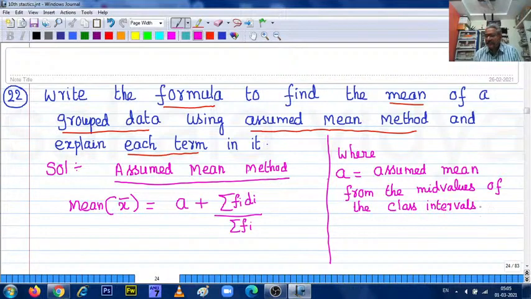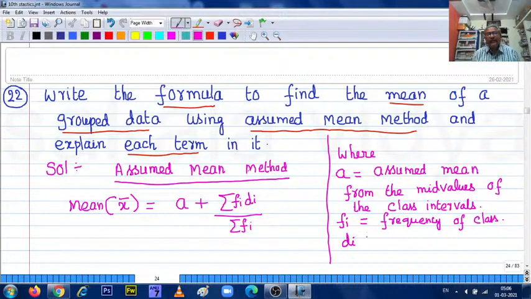In some textbooks it may be small a, in some textbooks it may be capital A. Better you take small a, no problem. And fi, for each i, is the frequency of the class.